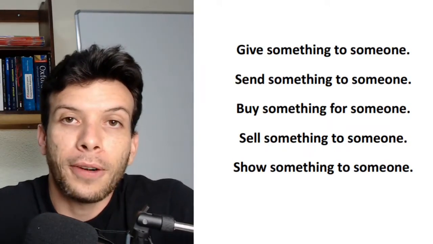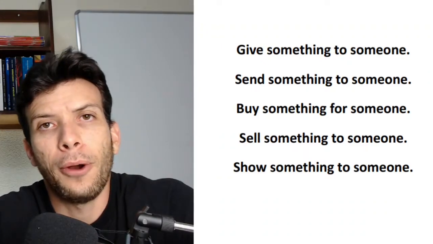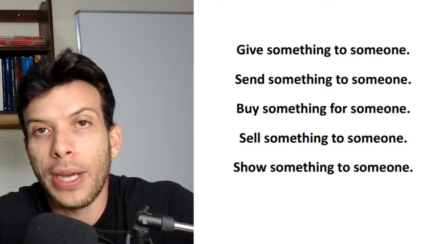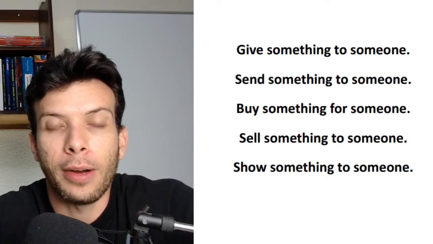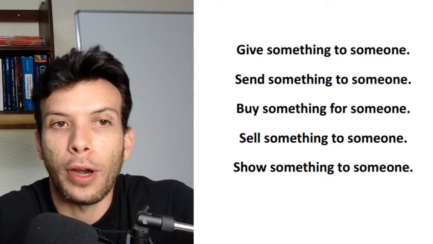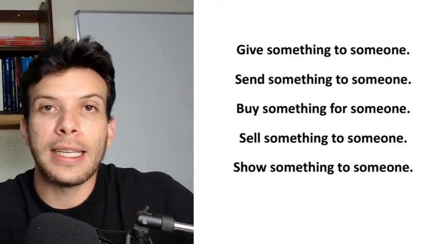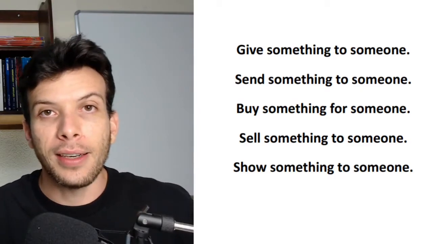Good. The first thing that we need to understand is that the use of the pronoun lhe is related to double object verbs. For example, in English, you have these verbs, you can see there on our whiteboard. Give something to someone. So when I say double object verbs, I mean something and someone.